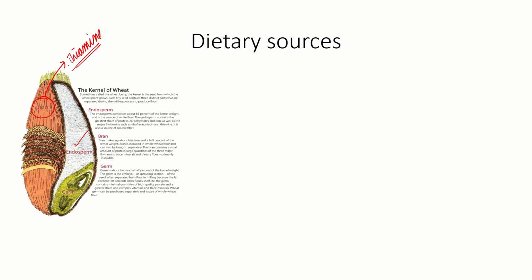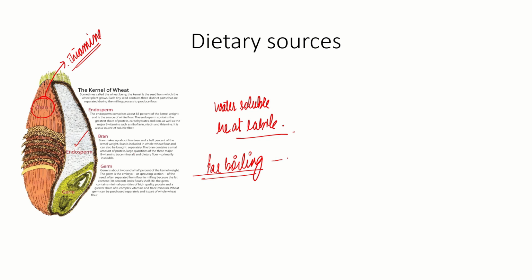And you should know that thiamine is a water-soluble, heat-labile vitamin. And therefore, we are all aware of the process of parboiling, which preserves the amount of thiamine in rice, which otherwise would be lost if the water is discarded.